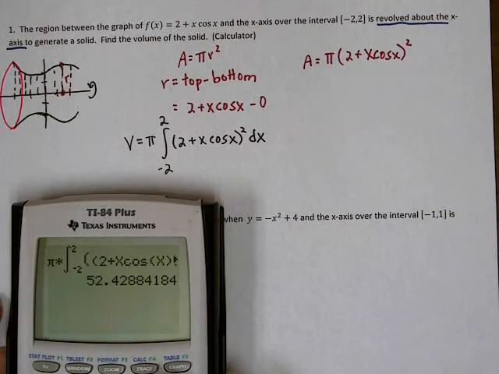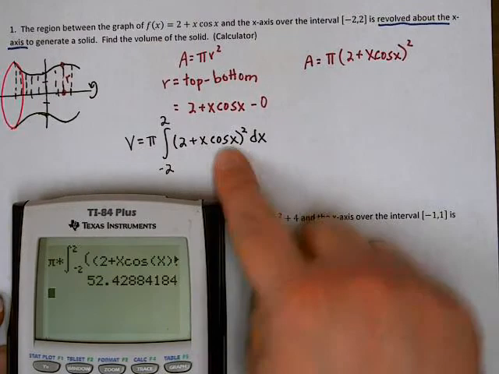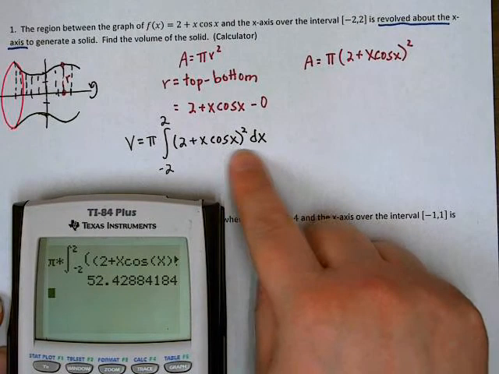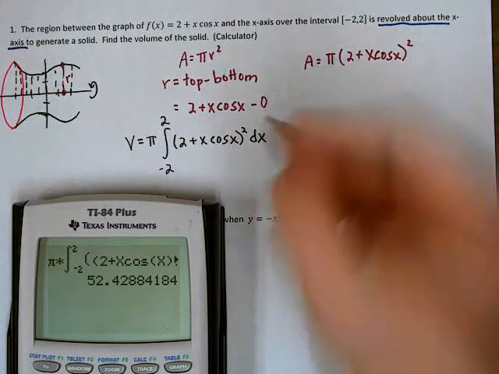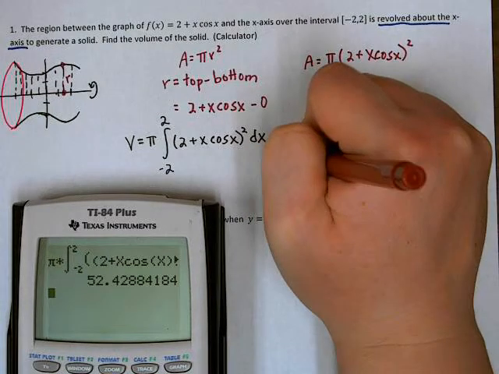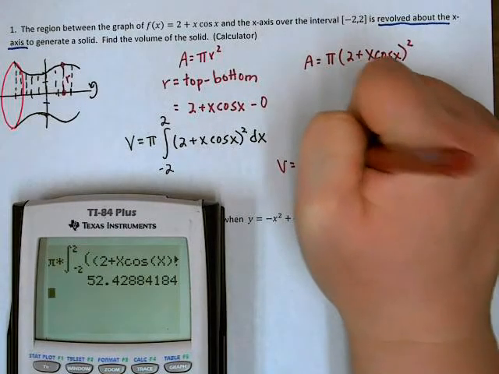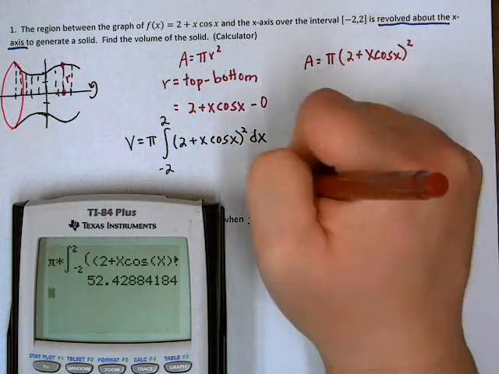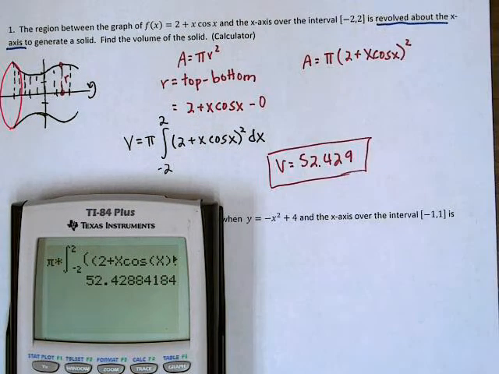You want to make sure that you had parentheses around your actual radius and then closed your integral and gave the dx. So we get that the volume is equal to 52.429. And there we go.